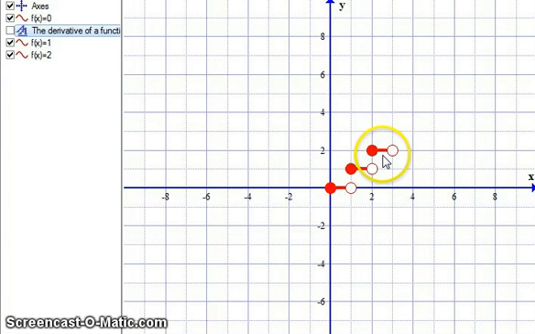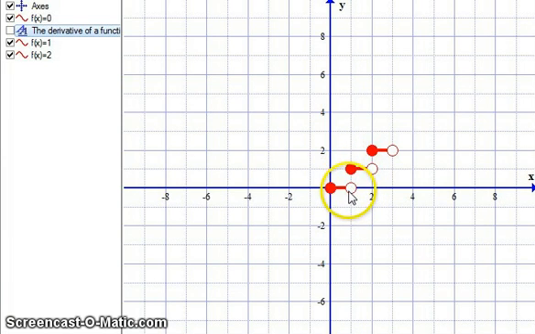The problem with a function like this having a derivative is that at each of these jump points, the function is not locally linear. That means I can represent in a close neighborhood of x equals 1 this function with a line.